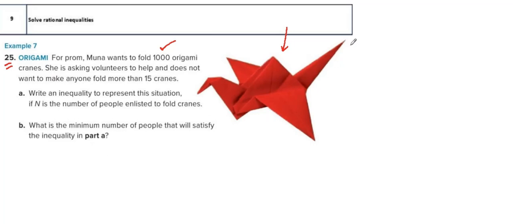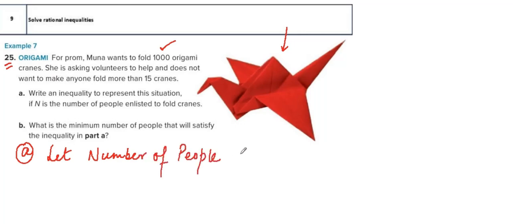Let the number of people required for this be n. I'm solving part A first.